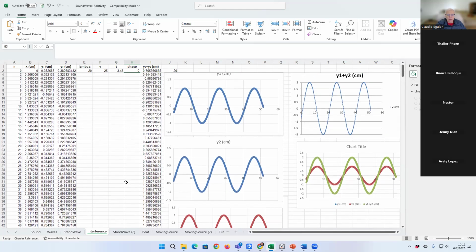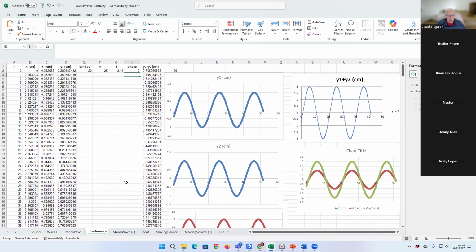Whenever those two waves are in phase, we get this interference that you see here. The amplitude of the two waves is doubled. See the amplitude 2 here, here the amplitude 1, 1 plus 1 is 2.